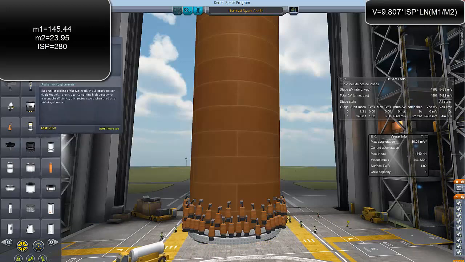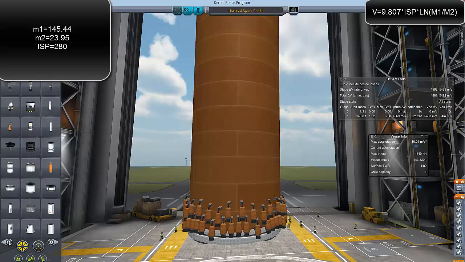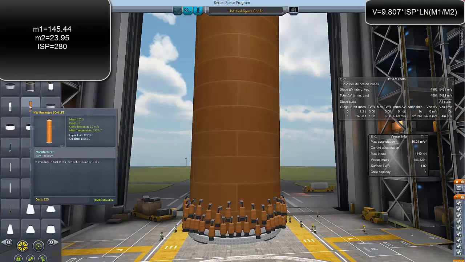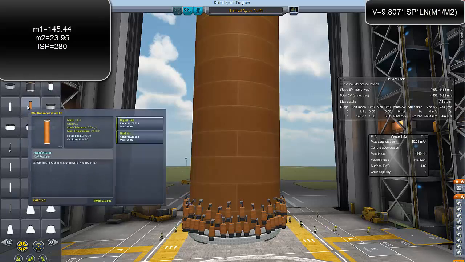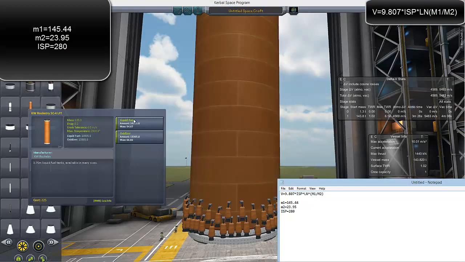And to figure out the total weight in Kerbal Space Program, as far as the fuel tanks, you subtract the mass here from the mass here, and that gives you the mass without fuel, and then you add in everything else.